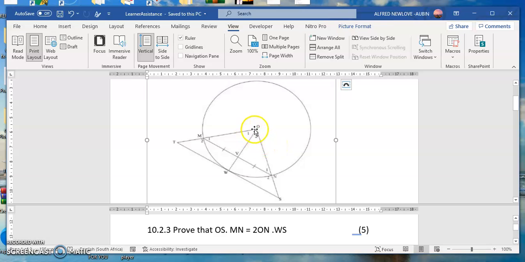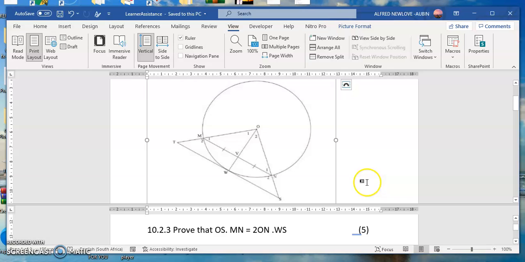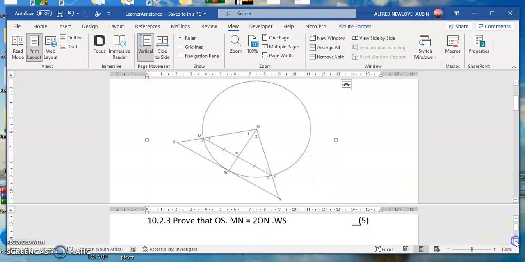If you check this bigger triangle, that is triangle OTS, it's actually similar to triangle OMN. Why? We need to prove that they are similar before we can apply it.